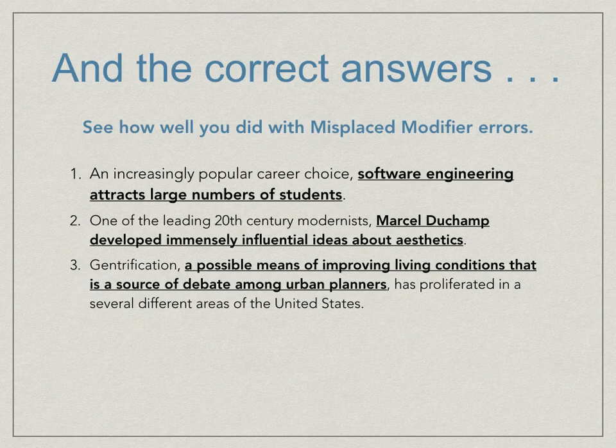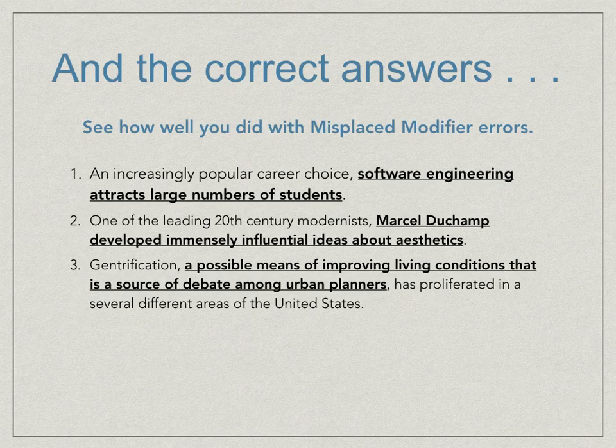Now, the United States would not be a means of improving anything. You can't really say that a country and a means or a method are the same. But what would be a means of doing something? Well, gentrification would be a means of doing something. And the idea is that there, you may have read somewhat quickly.